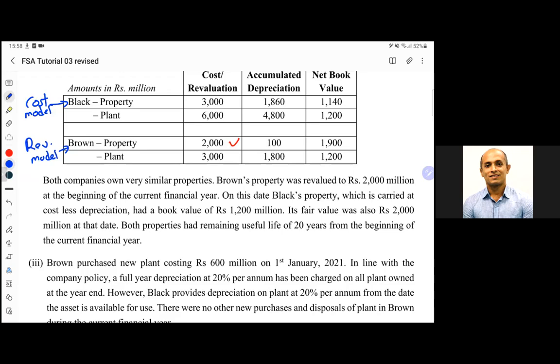Now what you do is, you see Black follows the cost model, you bring that to the revaluation model. Then both companies follow the same model, and property, plant and equipment values are comparable.